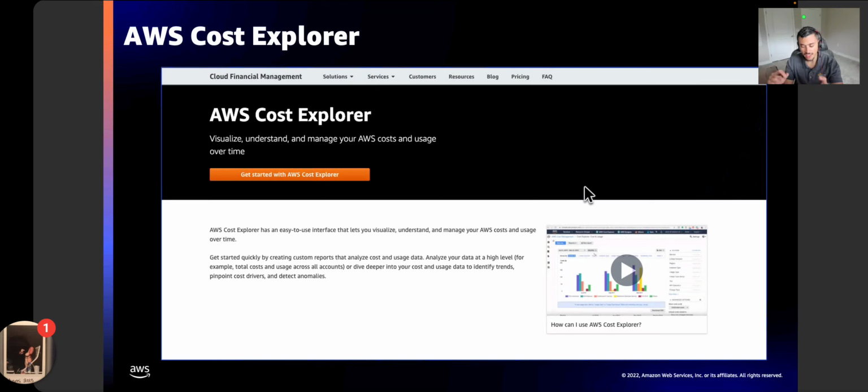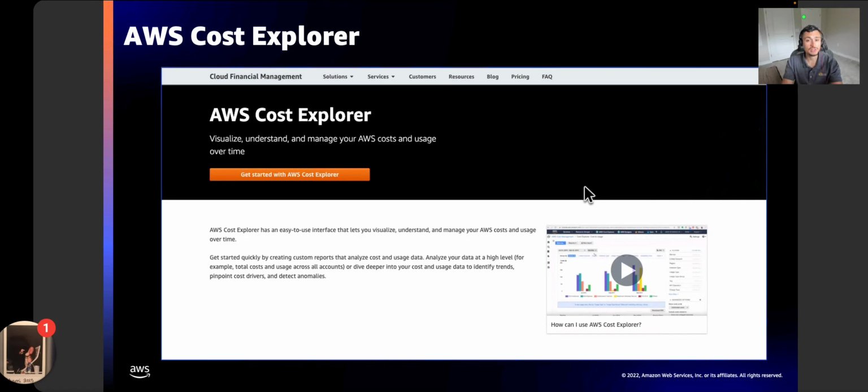It gives us a granular way of visualizing our costs on either a daily, weekly, or monthly basis. And we can even filter these graphs or reports based on specific services or a particular region, and then we can see how much specific regions might be costing us or specific projects.